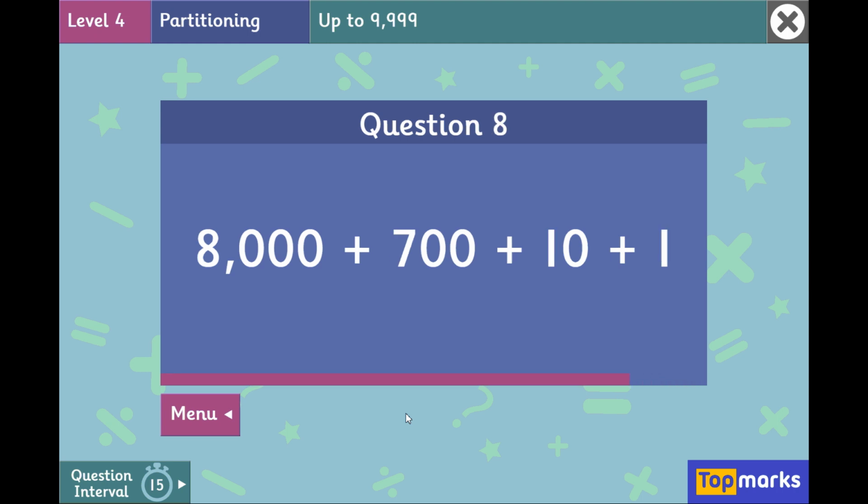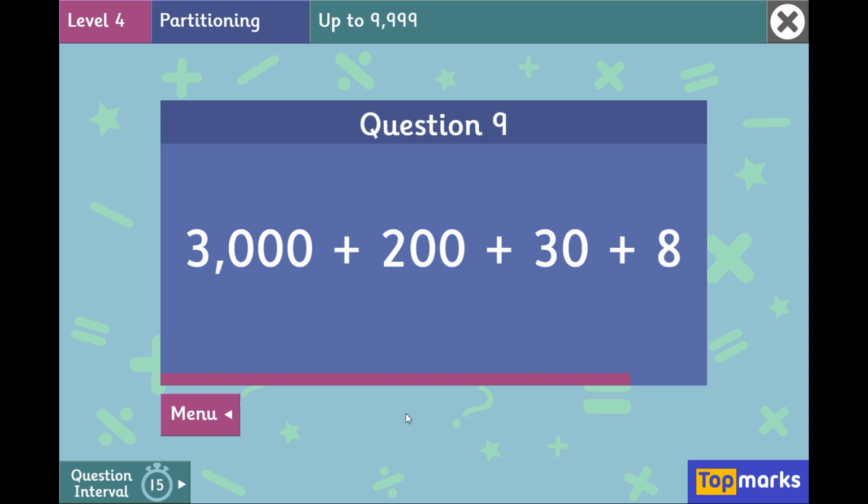Question 8. 8,000 add 700 add 10 add 1. Question 9. 3,000 add 200 add 30 add 8.